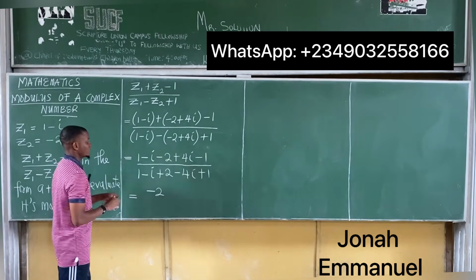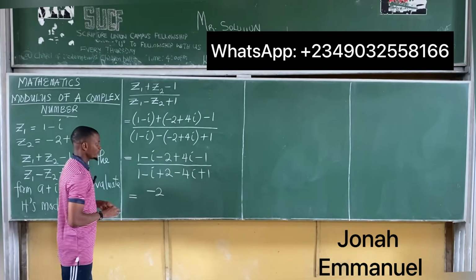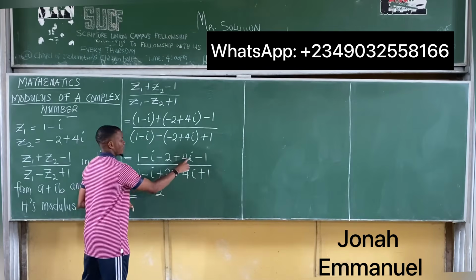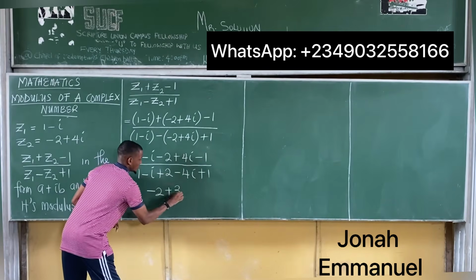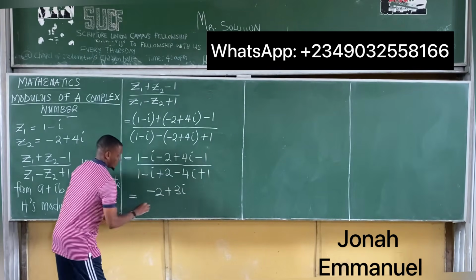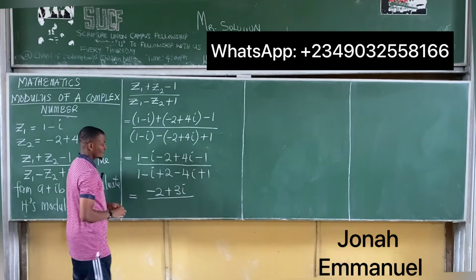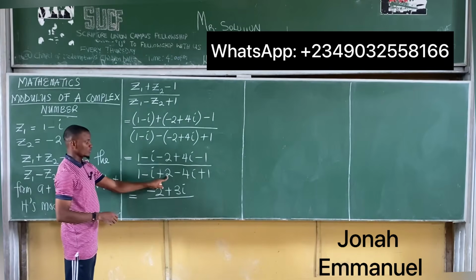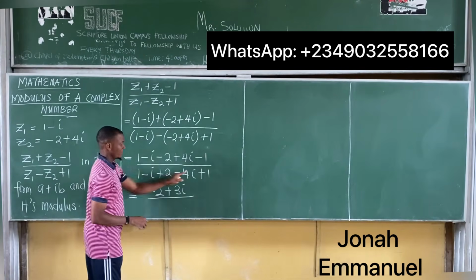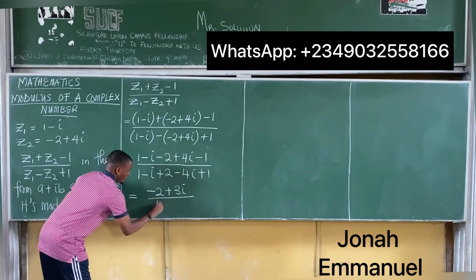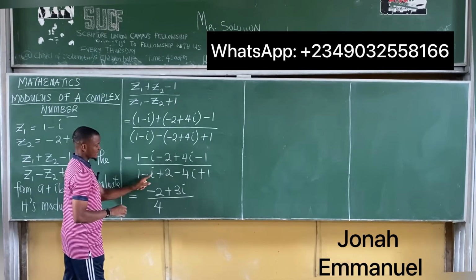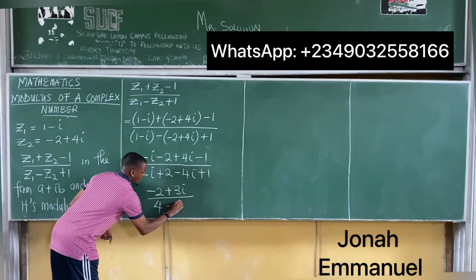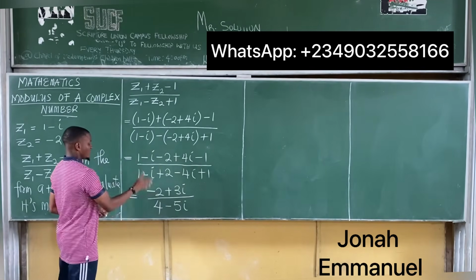So all the real parts in my numerator give me minus 2. Take out the imaginary parts: minus i plus 4i gives you plus 3i. For the denominator, take out the real parts: 1 plus 2, that's 3, plus 1, that's 4. Minus i minus 4i for the imaginary part gives me minus 5i. So I have this value.